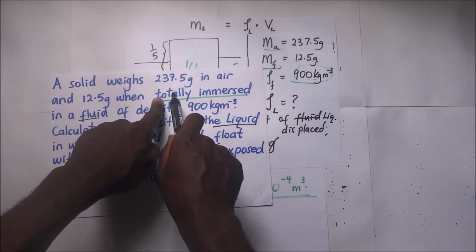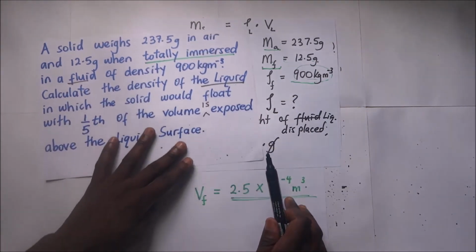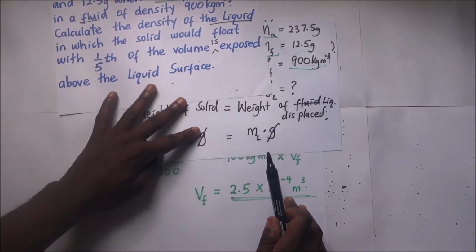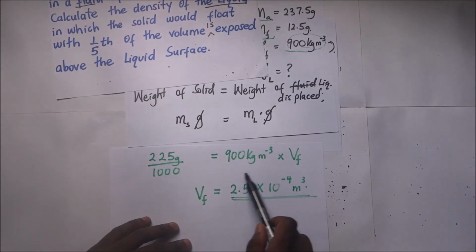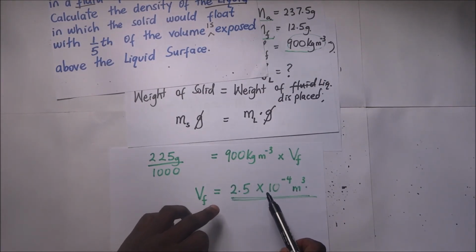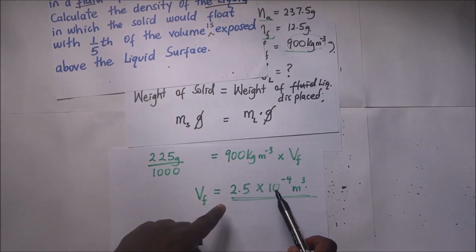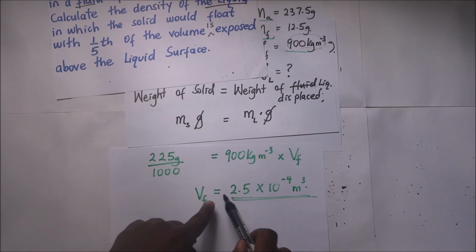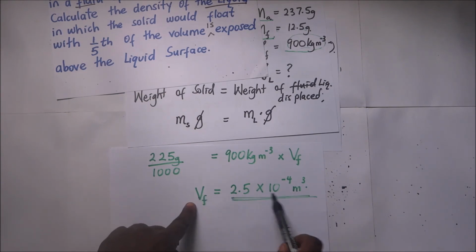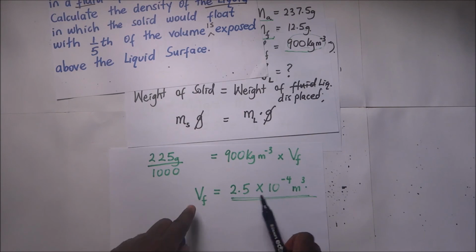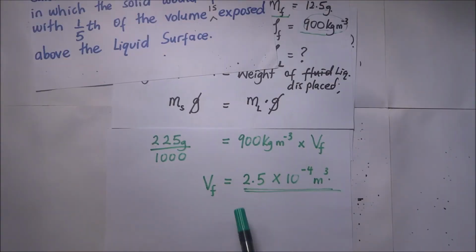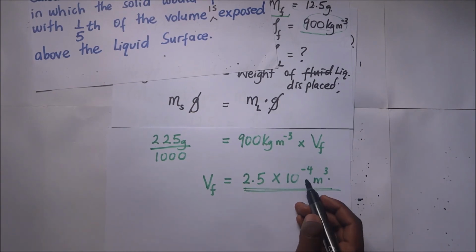And our calculation is saying we have discovered that this is the volume of the liquid that had been displaced. It only means that the volume of the fluid that had been displaced is equivalent to the volume of the solid. So this means that this 2.5 times 10 to the power negative 4 meters cubed is the same as the volume of the solid. So we shall simply write a statement and say that volume of fluid displaced in this case.